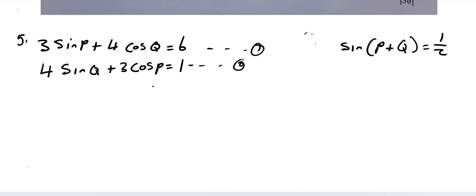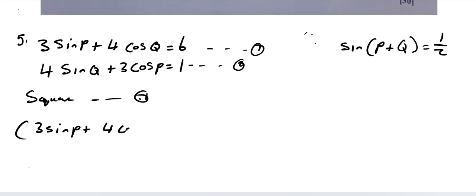Okay, let's do this. First of all, let's square our equation number 1. We write equation number 1: 3 sine p plus 4 cos q, squared, is equal to 6 squared, because what you do on the left, you also do on the right.